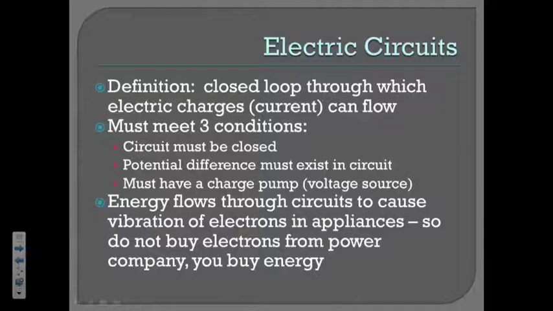It's just using the existing electrons in the wires and moving them back and forth. And that is what is causing your TV, your lights to turn on, things like that. So the electric company is just creating energy and pumping electrons back and forth, and those electrons are pumping back and forth in your appliances in your house.